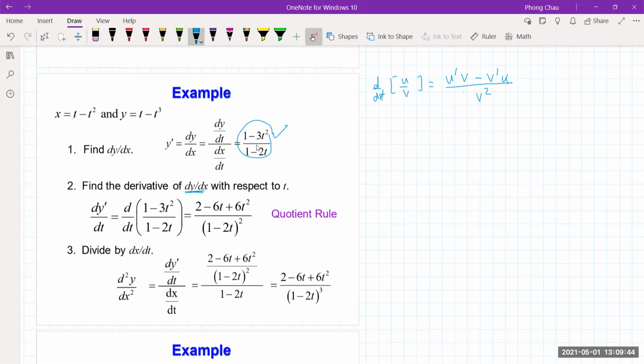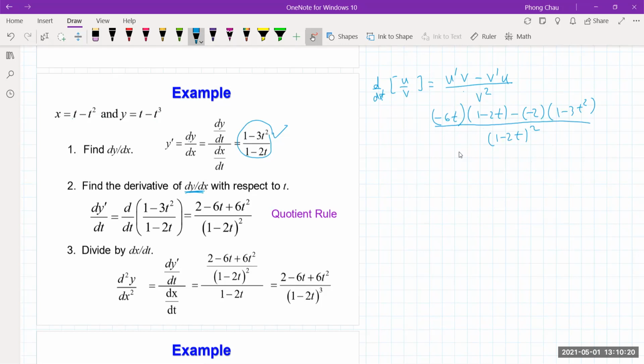So taking the derivative of that, you're doing the derivative of the top. What's the derivative of the top? It's 0 minus 6t, times v, which is 1 minus 2t, minus the derivative of the bottom, which is -2, times 1 minus 3t squared, all over the bottom, 1 minus 2t quantity squared.